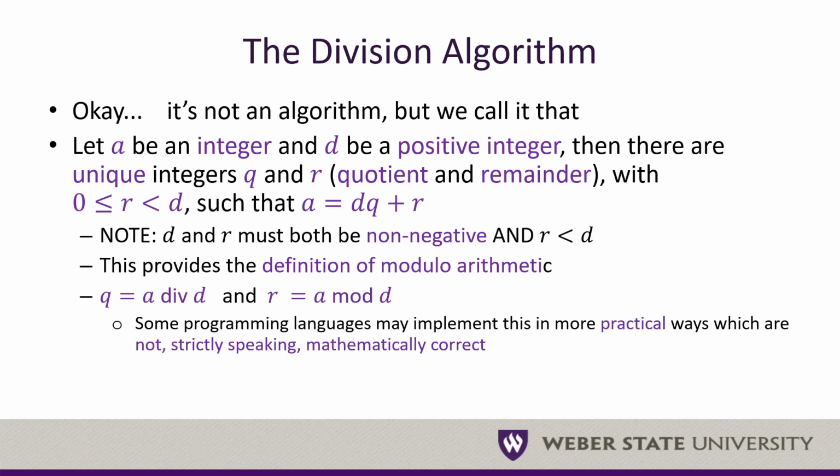There are some differences in the way that this is implemented in hardware. You'll find this in Java, Python, C, C++. Almost all programming languages do it from the practical perspective versus the definitional perspective, so they're not going to be mathematically correct.